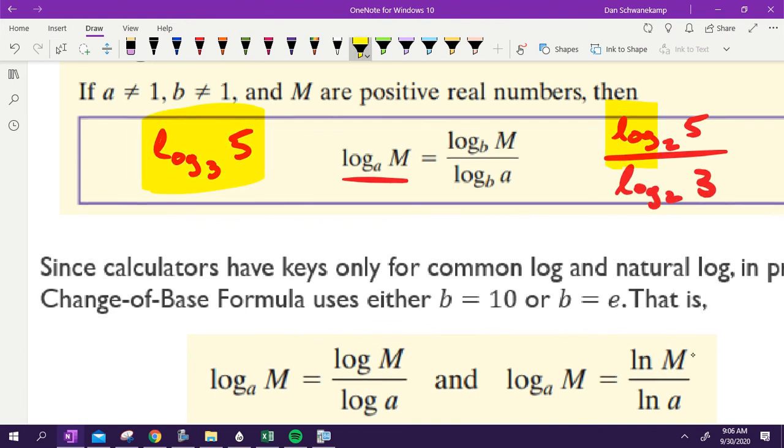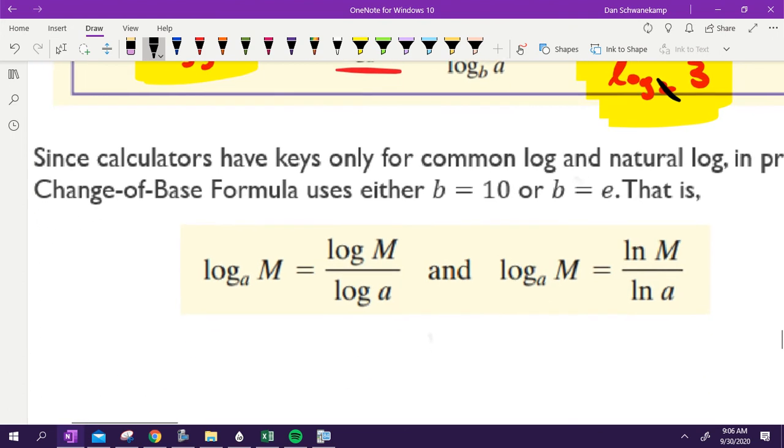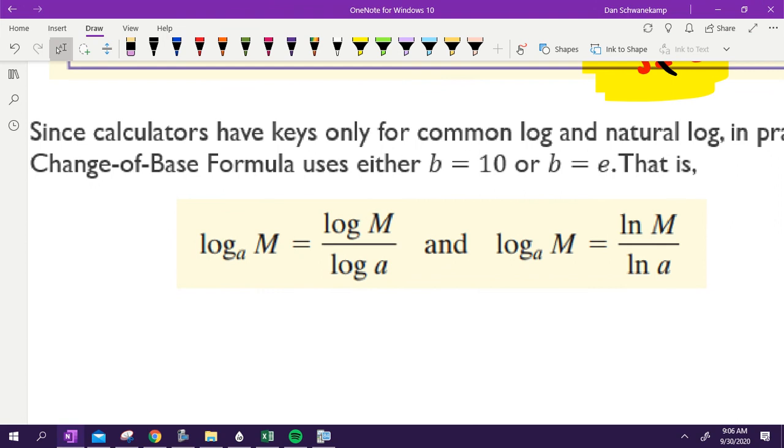This is the same as that. It didn't matter what base we just said. You could have said any base in the world. We could have done 10. So we could have not written anything at all. Could have just been log of 5 divided by log of 3. Could have done log base e. It doesn't matter.